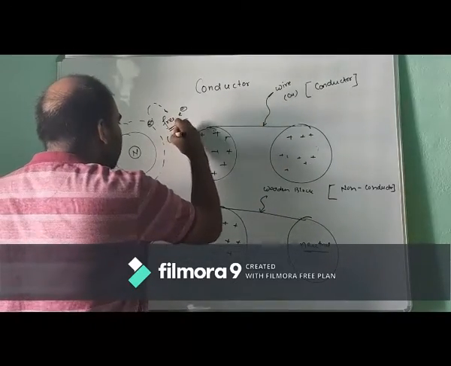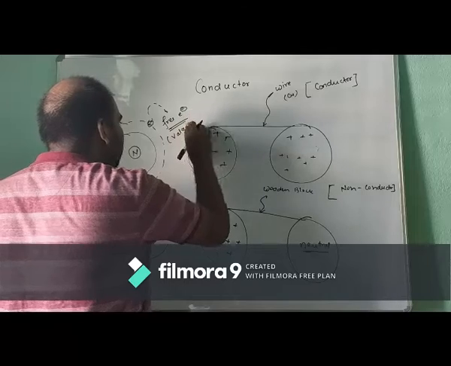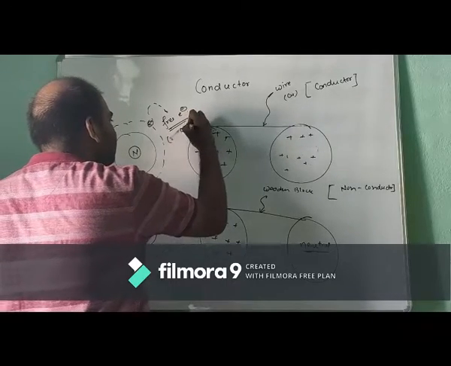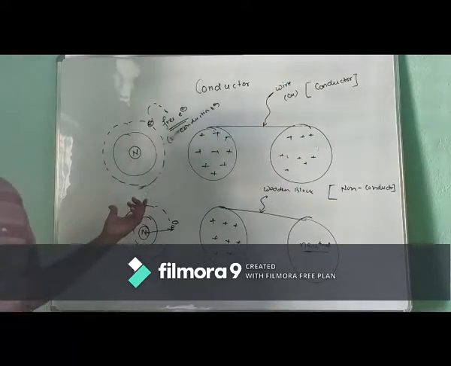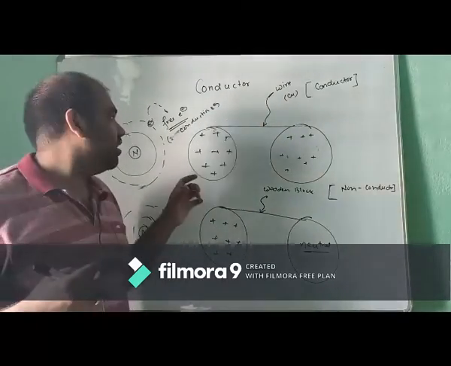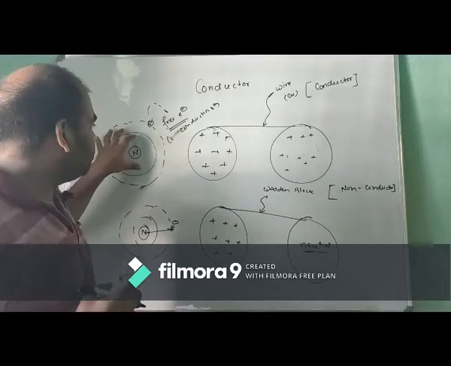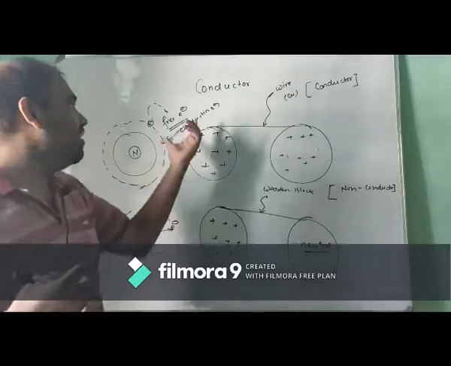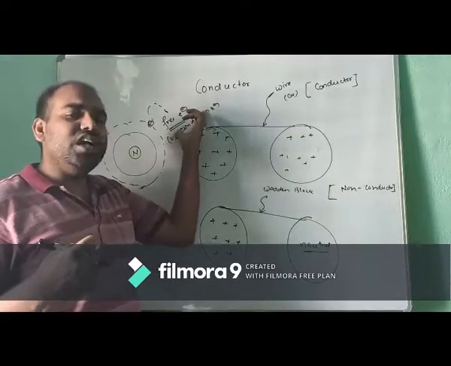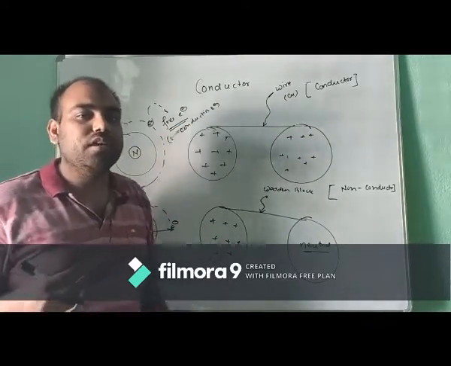This free electron is also known as a valence electron, and this is known as a conduction electron. So in a conductor atom, the electrons are free to move inside the material, and that electron we call the free electron or conduction electron.